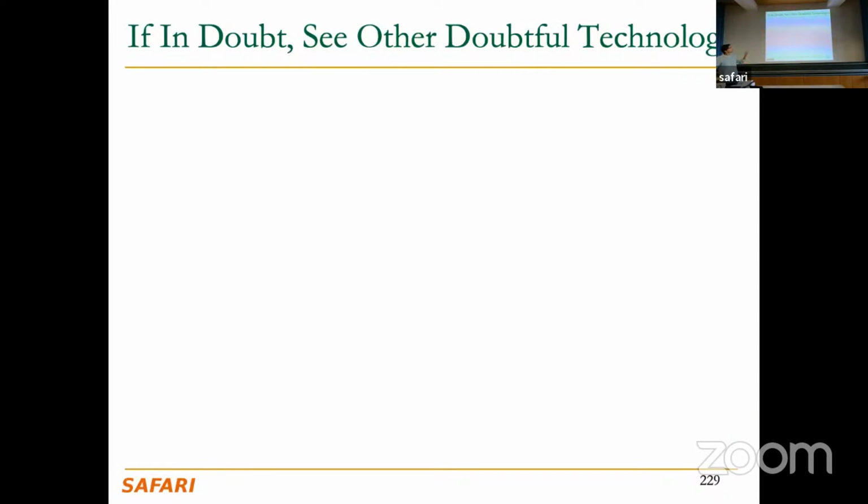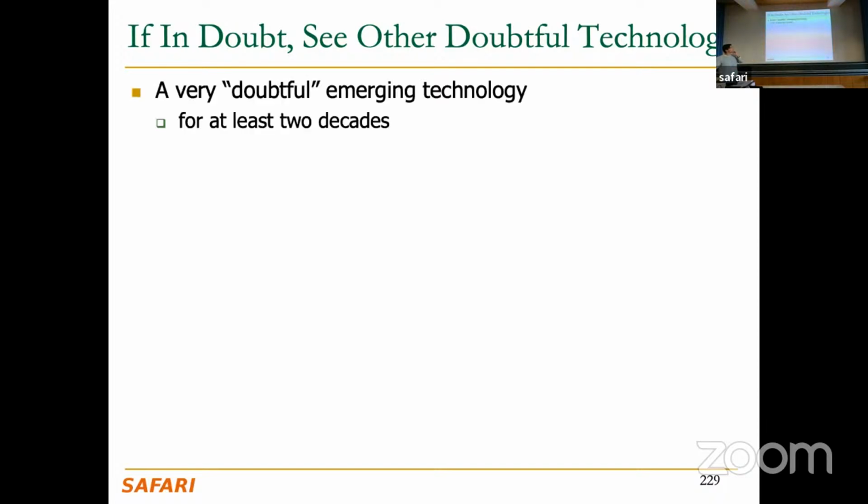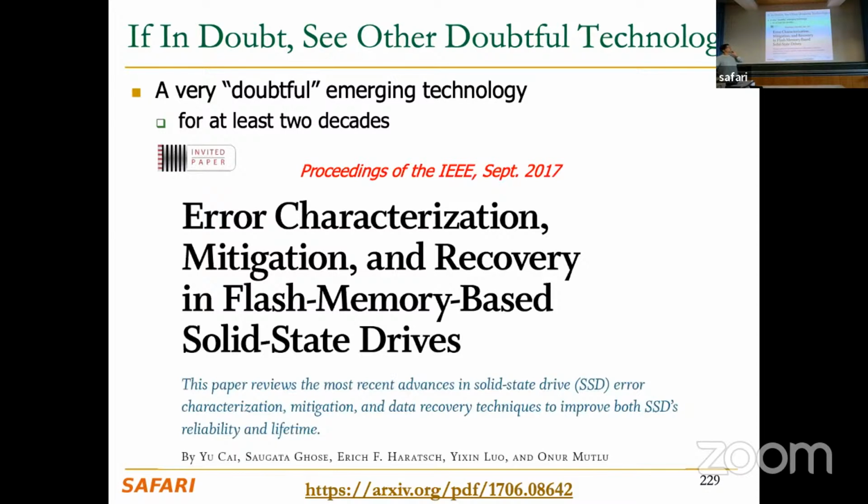If you are doubtful about processing in memory, for example, you can also think about other technologies that were doubtful when they were emerging at some point. They were not very successful in the beginning.